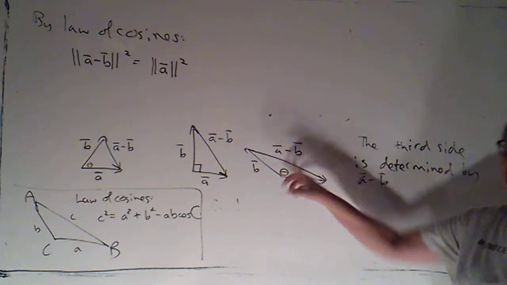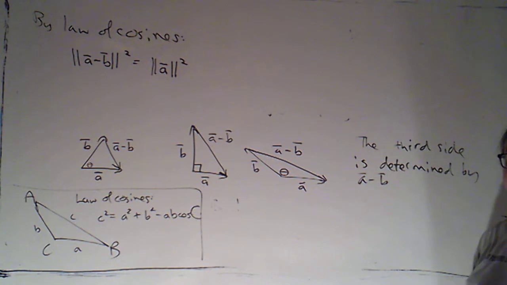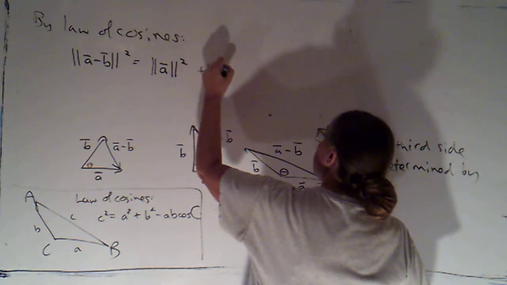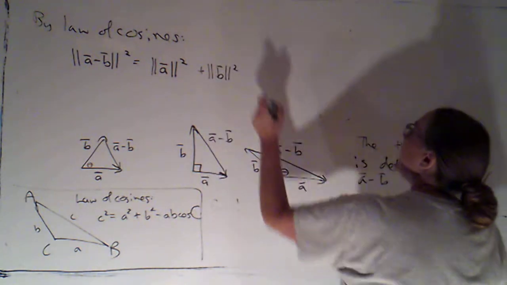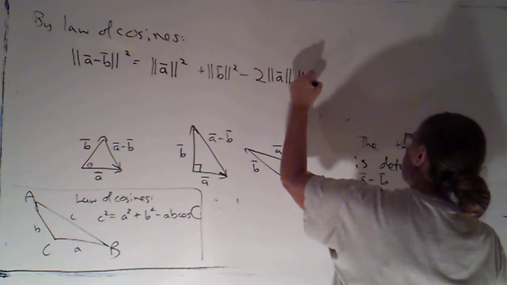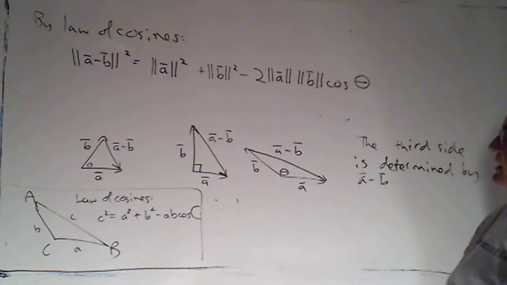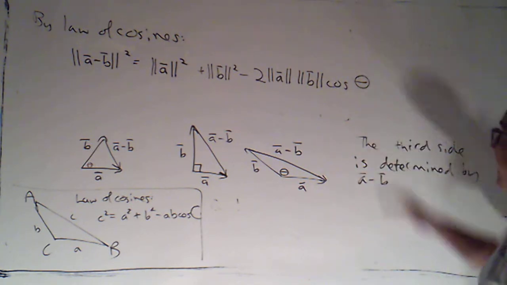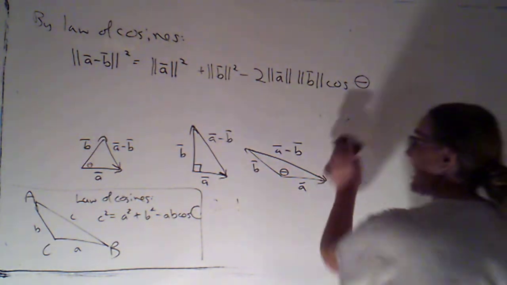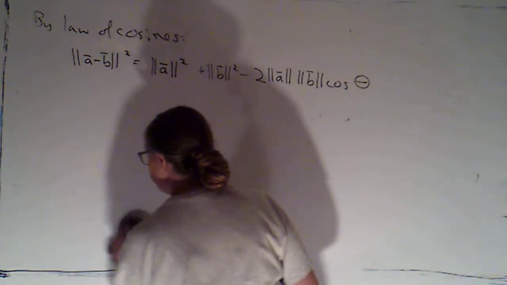So the lengths of these sides will be the magnitudes of the vectors that are determining those sides, plus the magnitude of B squared, and then minus 2 times the magnitude of A times the magnitude of B times cosine of theta. So that is what I get, regardless of which picture I actually have. I just need to know that I had a triangle.